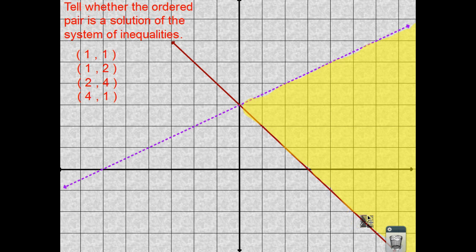If you're on the solid line, you are a solution to both inequalities. If you are on the dotted line, you will not work as a solution to both of these inequalities. It goes along with the same idea when we were graphing our answers to single inequalities. It equates to your open circle or your shaded in, closed circle.